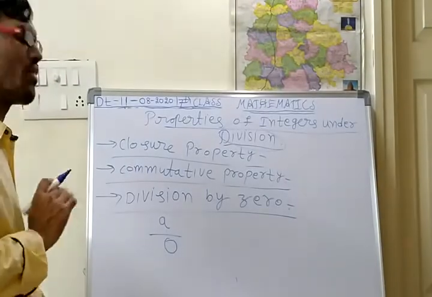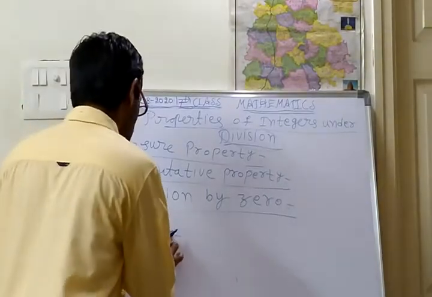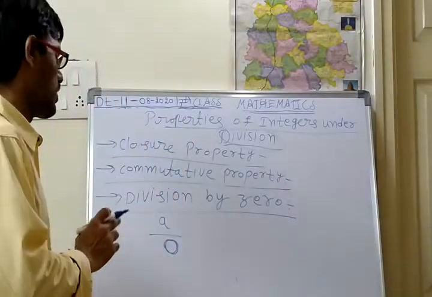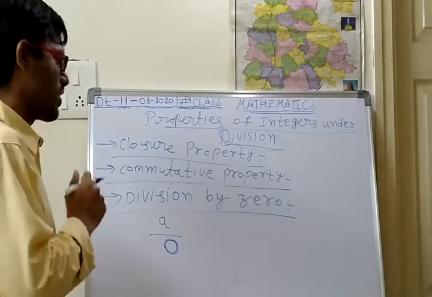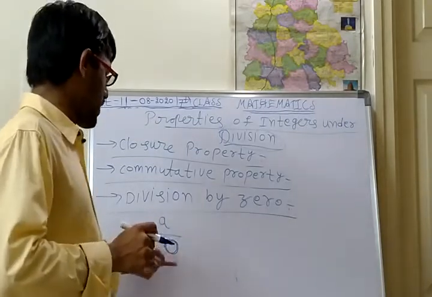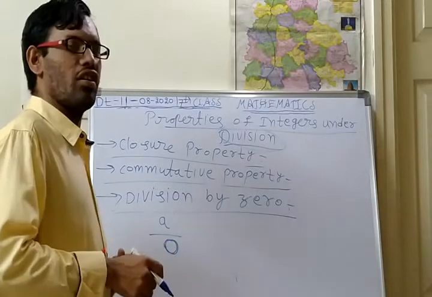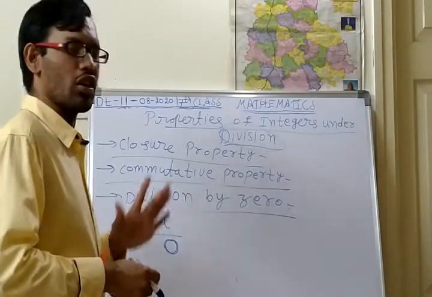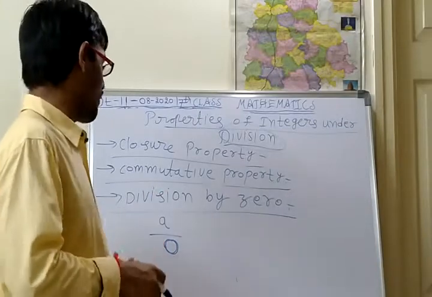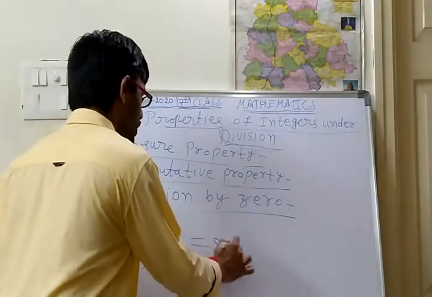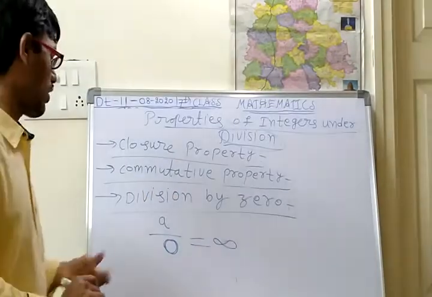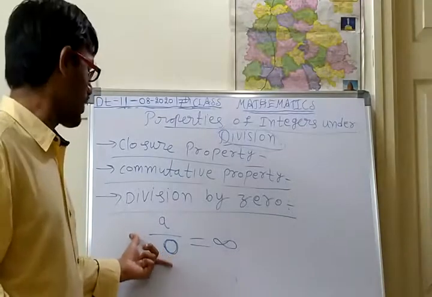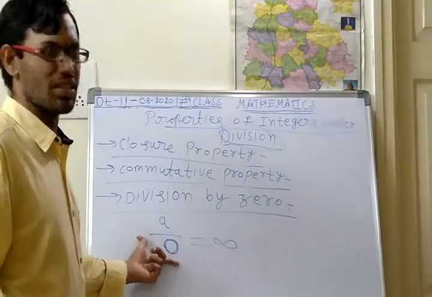Division by 0 means that either in the numerator or in the denominator there should be a zero. One number should be zero. So A divided by 0, this result is not defined. It won't give a correct result. That means there is no answer for A by 0.